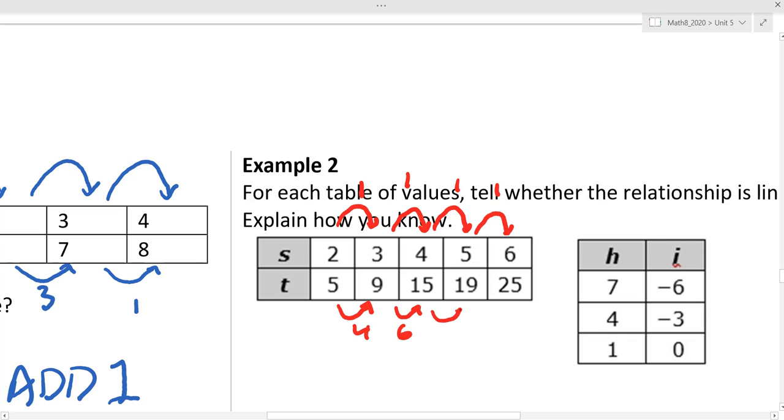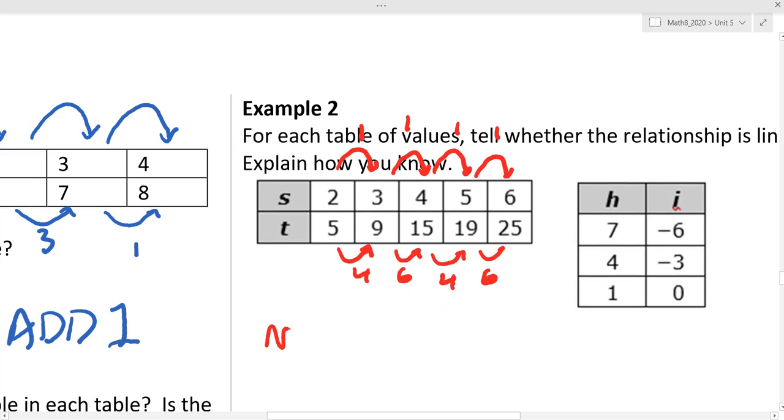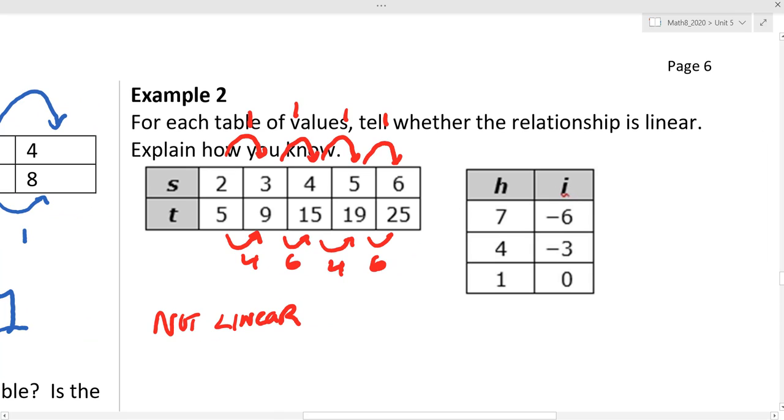So that wouldn't be linear. There's a repeating pattern happening, but for it to be linear, the gaps need to be the same. So this one's not linear, even though there is a repeating pattern. You can draw this out and you'd see that.